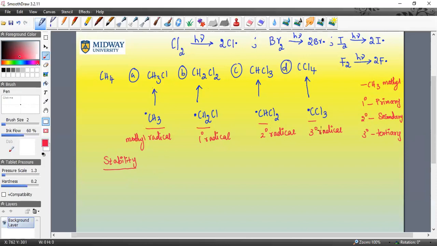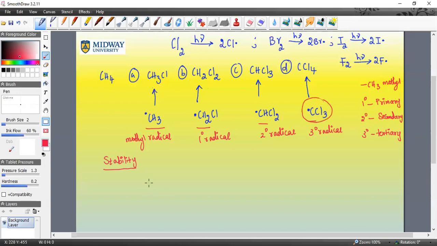What that means is when the Cl dot combines with this, it would also generate a more stable product. Radicals are never stable, but what we mean by relative stability is that this would lead to the most stable product. So the Cl dot would prefer to go to this particular molecule right here.